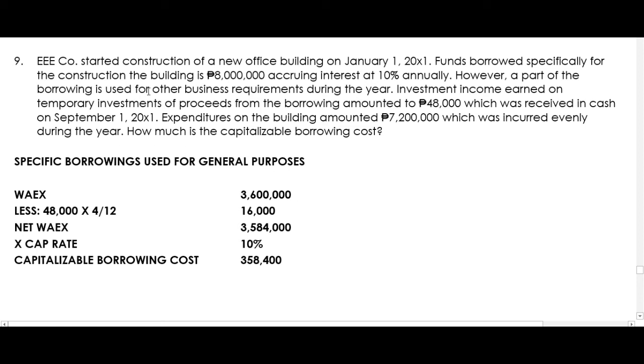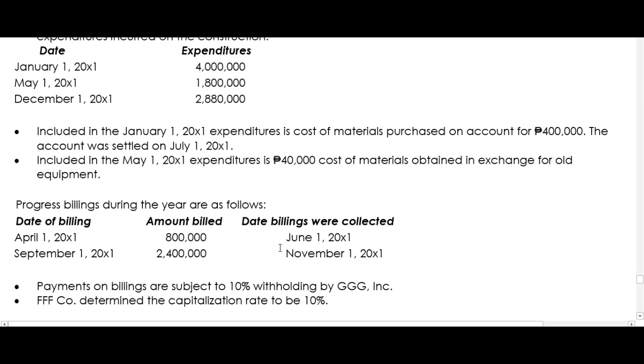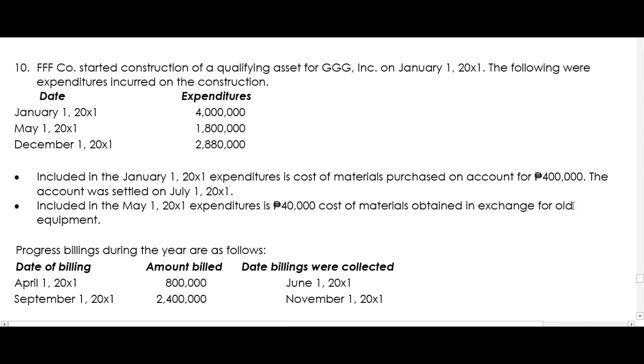So, ulitin ha. Kasi siya, specific borrowing pero ginamit for general purposes. Okay? So, ibig sabihin, iti-treat mo siya as if it is a general borrowing. Okay? Yun nga lang, nagkataon, ang capitalization rate mo na kung magkano na yung binigay kasi isa lang naman talaga yung loan.